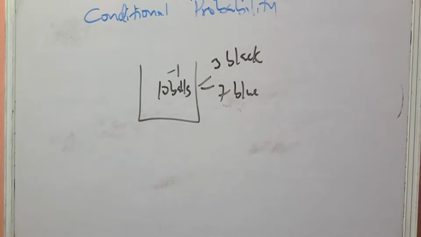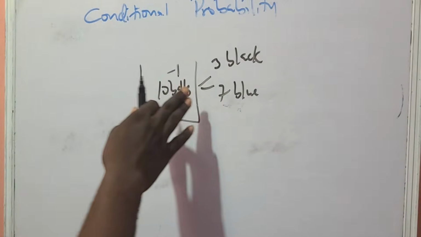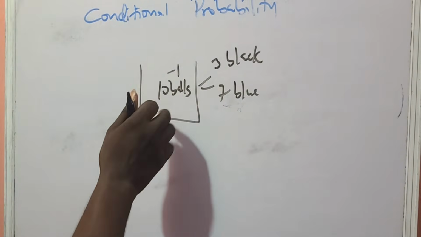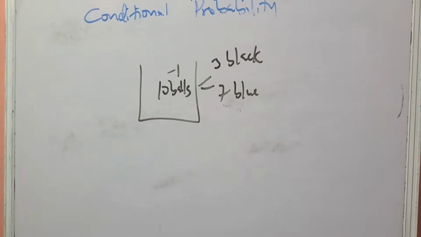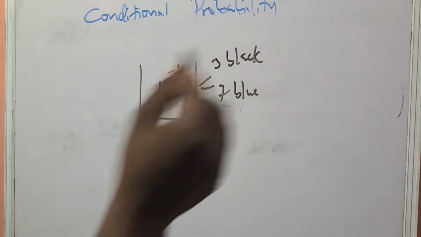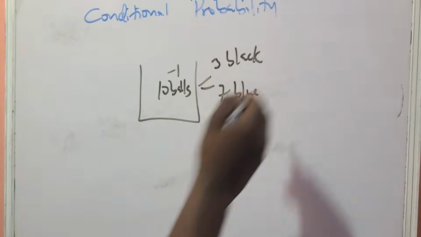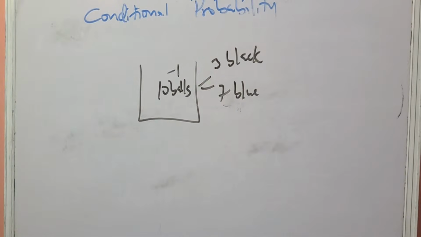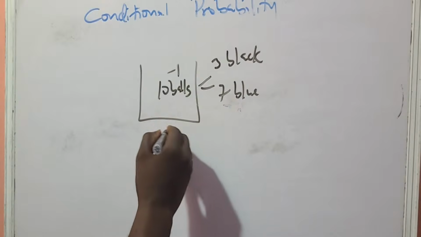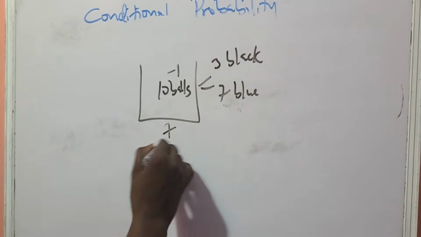Let's say you wanted to find the probability of getting a blue from this first pick. Please make sure you are paying attention. You have 10 balls, 3 of them were black, 7 of them were blue. They asked you what's the probability of picking a blue ball initially. Of course, that will be, you have 7 blue balls, 7 over 10.